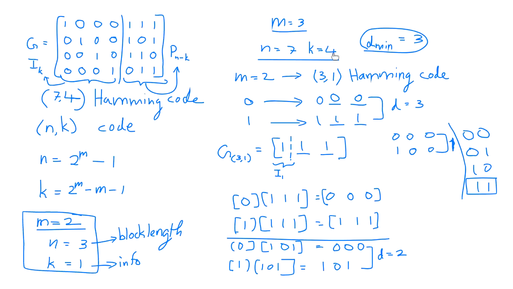But if I take any two combinations and measure the distance, the smallest value that we get is d min, the minimum Hamming distance, which is 3. And for all the Hamming codes, irrespective of the value of n and k, we have 3: we have 7, 4, and when you put m equal to 4, you get 15, 11, and so on.